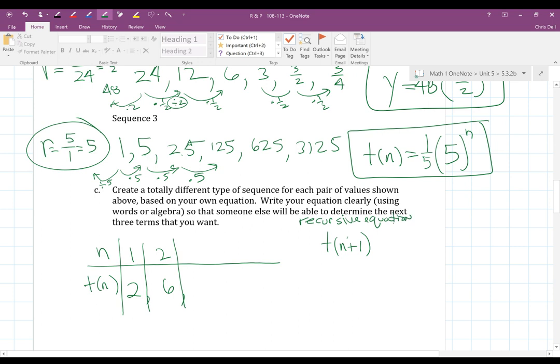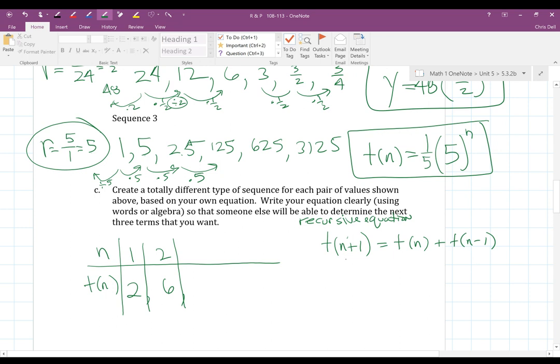is in the form of t of n plus 1, which means the next term. And for me, I'm going to say it is the term I'm at, and I'm adding it to the previous term. So that would be n minus 1. So if I add the 2 previous terms, that's what this says.